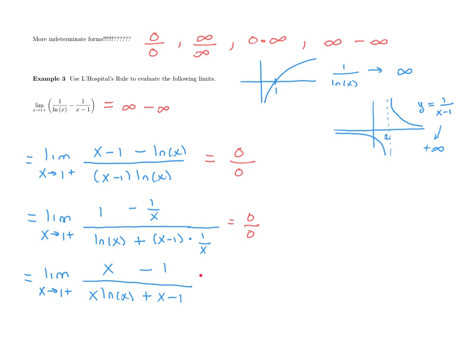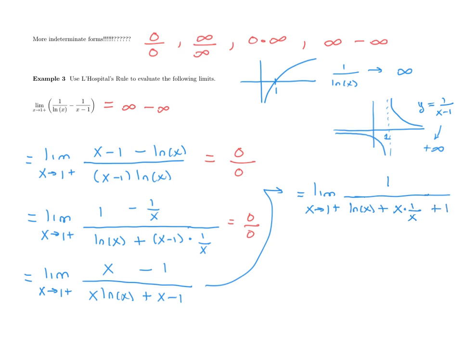We still have an indeterminate form. Putting 1 in place of all the x's yields 0 over 0. But that just means we'll use L'Hopital's rule again. This is the limit as x approaches 1 from the right of the derivative of the top, which is 1. In the bottom, we have to use the product rule on this part here. So we'll have 1 times the natural log of x, plus the first times the derivative of the natural log, which is 1 over x.